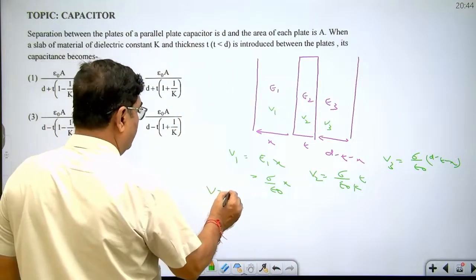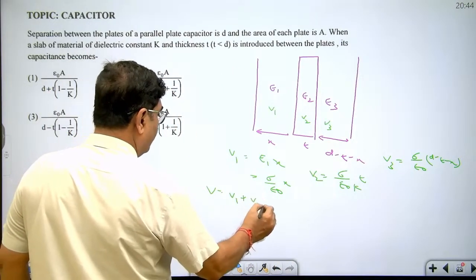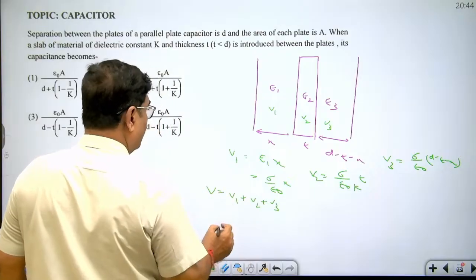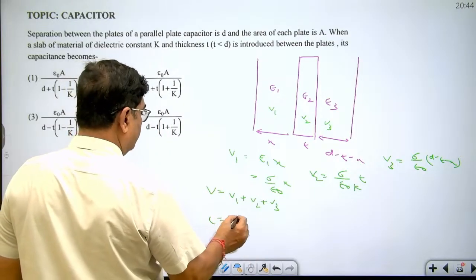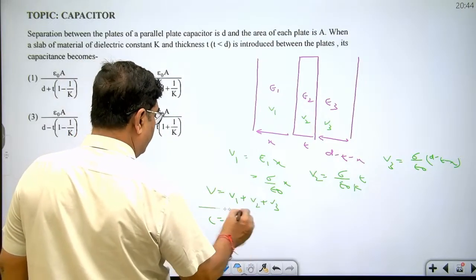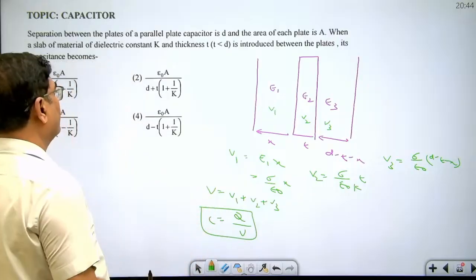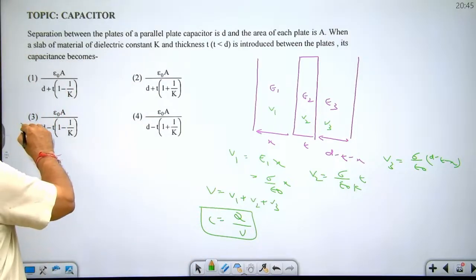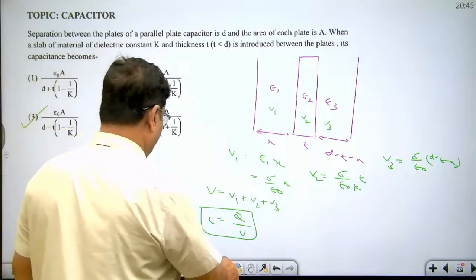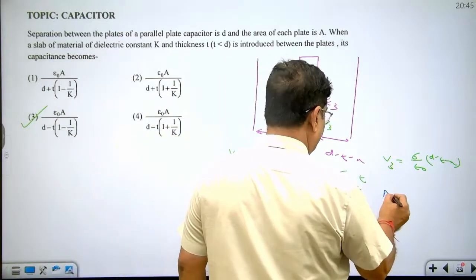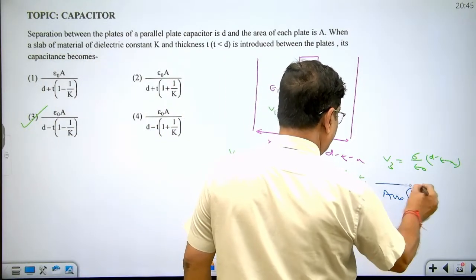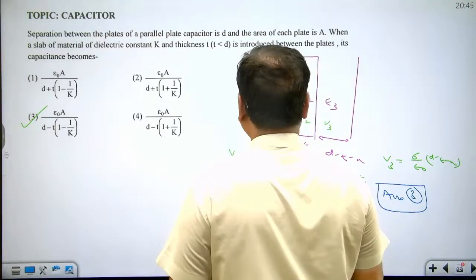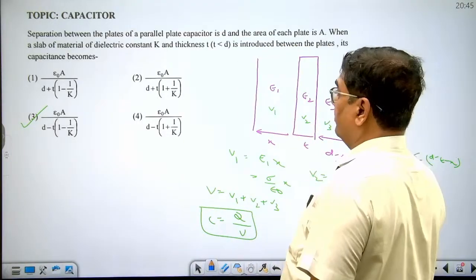V equals V1 plus V2 plus V3. Okay, so what is C? Charge given to a plate divided by potential difference. If you solve the equation, you will find the relation epsilon 0 A upon D minus T into 1 minus 1 upon K. So option 3 will be the correct answer. This capacitance does not depend on X, okay.